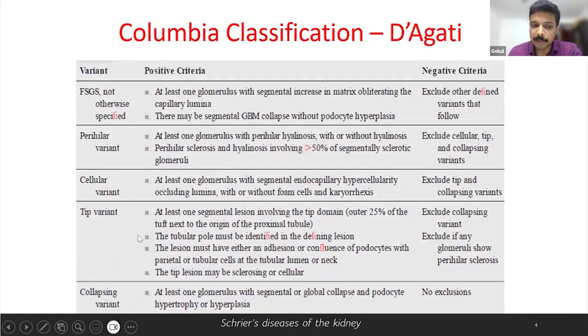If that is ruled out, the next is tip variant. If you rule out a tip variant, then we have to go for cellular variant. Next is perihilar variant. Next is FSGS NOS. So this is the order in which we have to look for FSGS, and this is how the classification goes. I'm not going into the pathological details because we will be focusing mainly on the treatment aspects.